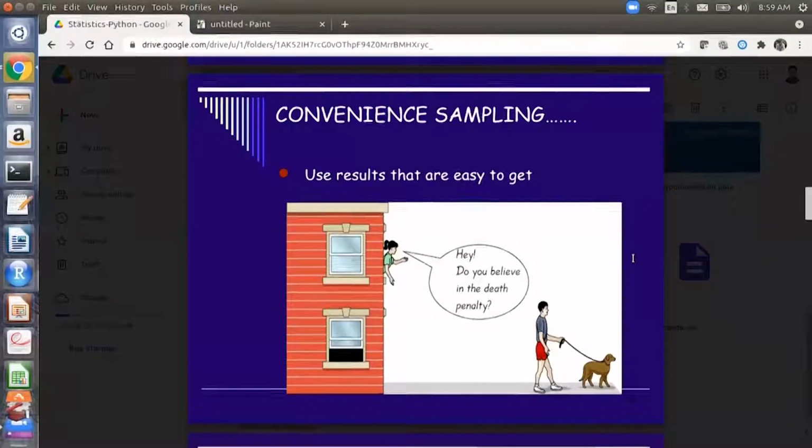Okay, I'll give you one example. There was one German magazine, a very famous German magazine. They wanted to do an analysis of which particular party will win in Germany, party 1 or party 2. Now what they did, rather than going to the outside population, they said we have a database available of who is reading our magazine.